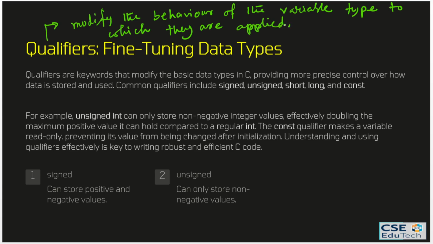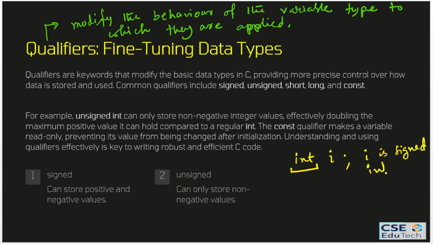For example, suppose I have the integer data type. If we declare int I, I is a variable of type integer, and int is a basic data type. But I here is a signed integer by default.